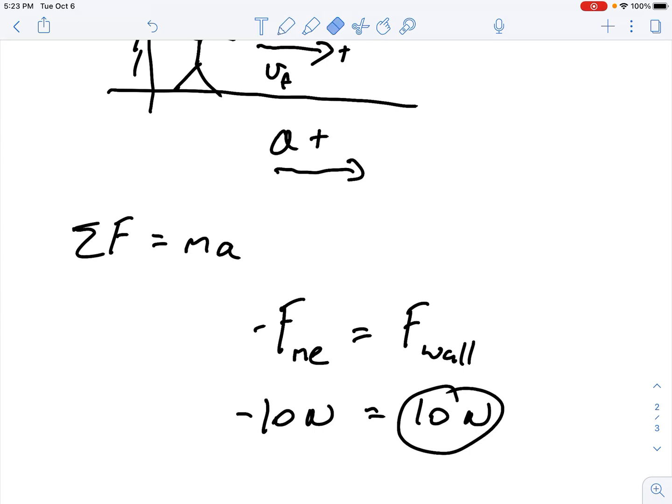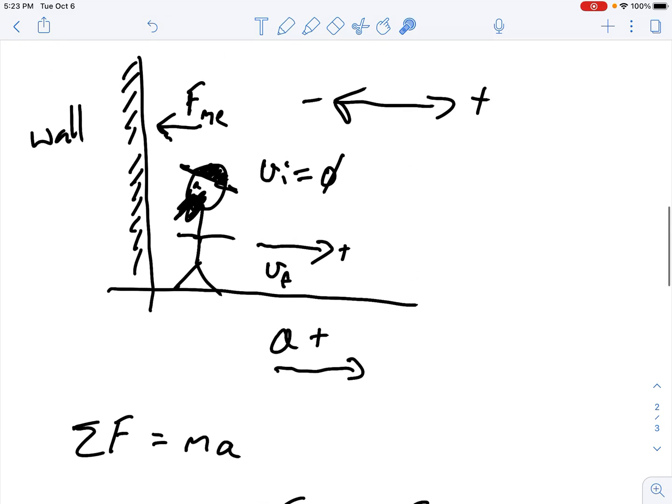All right, so what does that mean? That means we have verified Newton's third law. I push on the wall, I accelerate that way. It's actually the wall that is pushing me away, not me pushing me away. Now, before we get carried away about the wall having its own identity and personality and making choices about who to push and who not to push, we have to understand that the reason the wall pushed me was because I pushed the wall.